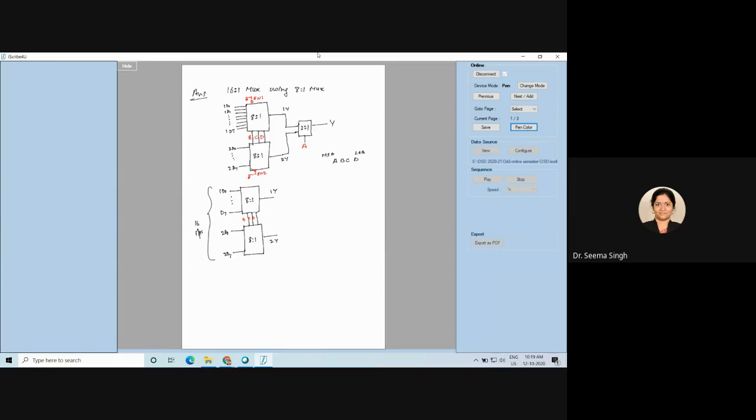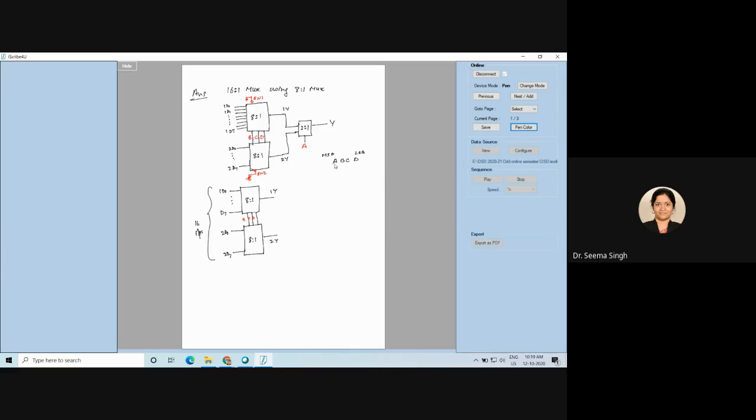Enable is an input, na? Oh, okay. Enable you can't use as output. Enable is input, so it will remain input. But yes, you can play with enable in this case also. Now you know that your LSBs, B, C, D, are connected here.